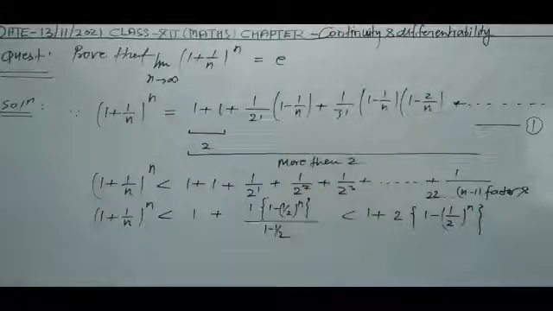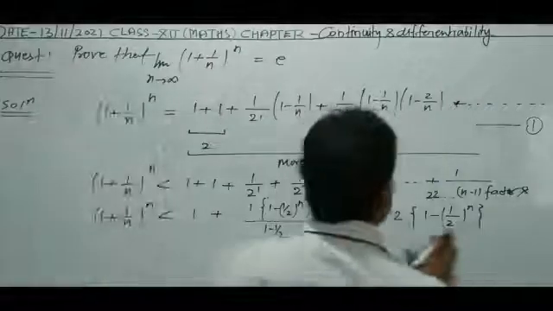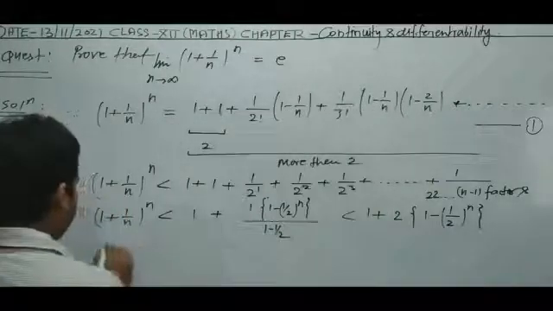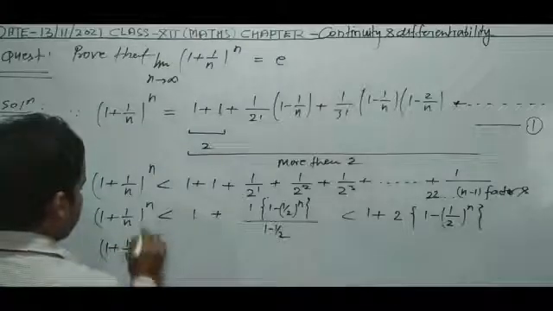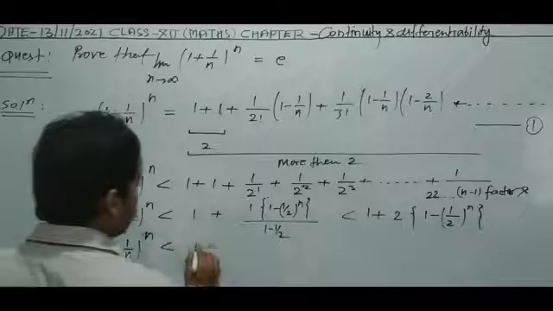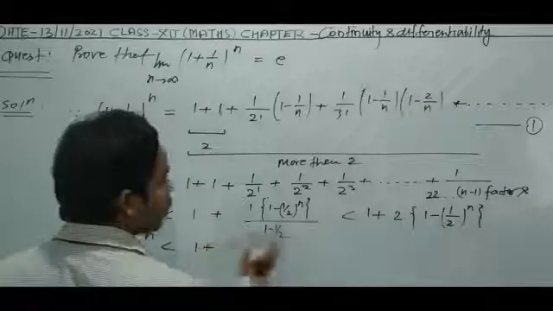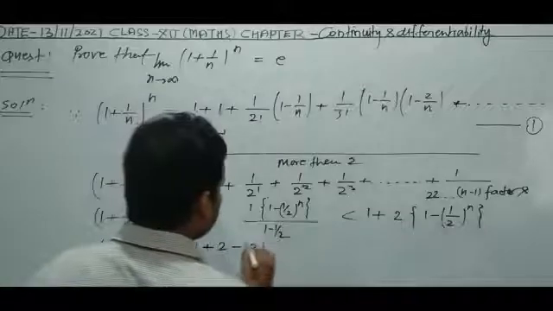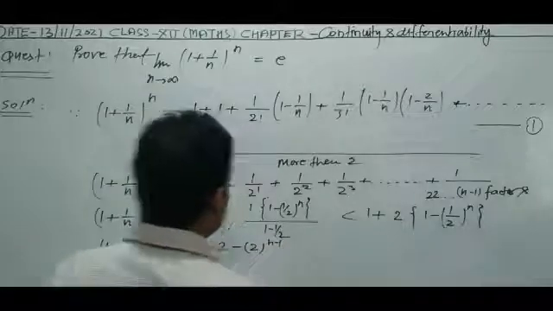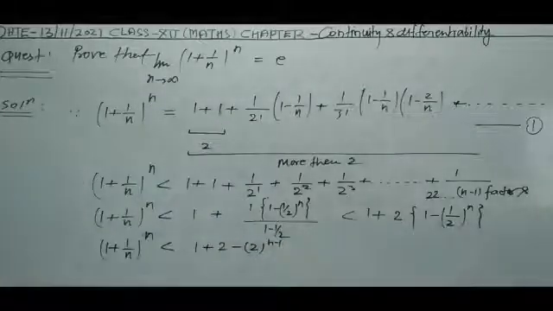When you multiply, you get 1 plus 2 minus 2 to the power n minus 1.